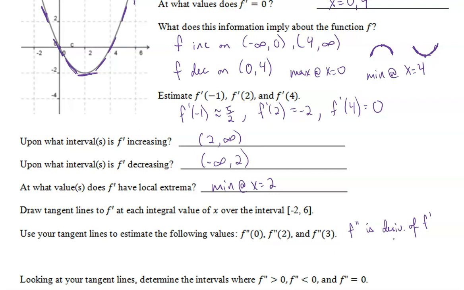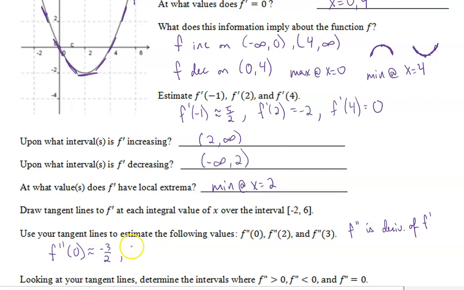All right. Okay, so right here, f double prime of 0 is going to be the slope of this tangent segment, which looks like it's about as steep as the one drawn over here. And remember, we estimated this one to be 3/2, so this is probably around -3/2. Okay, so f double prime of 0 is probably around -3/2.